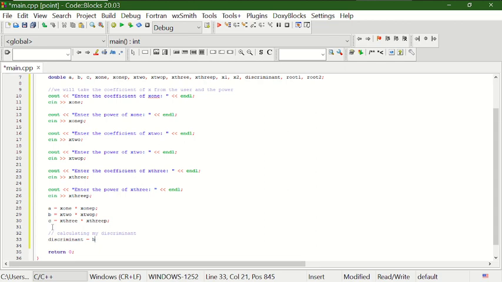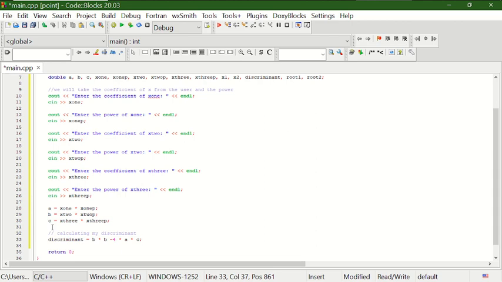B times B, because we have this B square, right? You know what the mathematics is for the discriminant: B times B minus 4AC, minus 4 times A times C. So this is my discriminant.